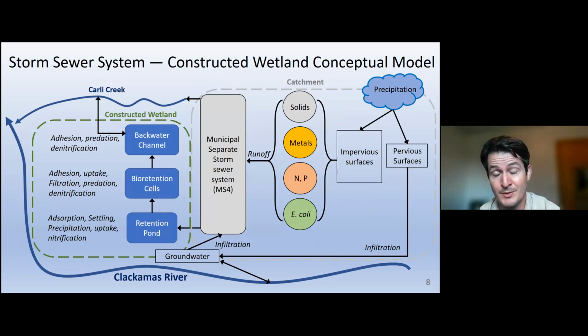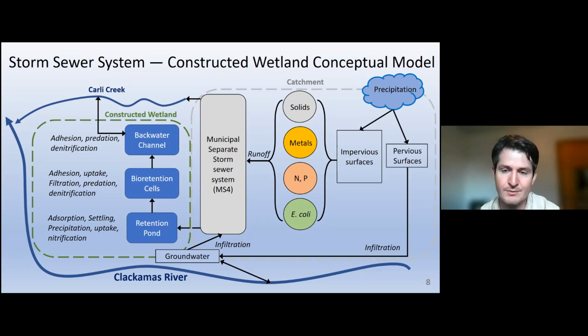It can land on pervious surfaces and infiltrate into the ground, or onto impervious surfaces and pick up different kinds of pollutants. Here I show 4 categories: solids, metals, nutrients like nitrogen and phosphorus, or bacteria like E. coli. And when that precipitation picks up those pollutants, in my mind, I call it stormwater, and then the stormwater runs off into our MS4, or the separate storm sewer system.